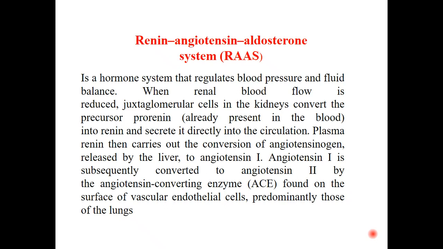So plasma renin carries out the conversion of angiotensinogen released by the liver to angiotensin 1. Angiotensin 1 is subsequently converted to angiotensin 2 by the angiotensin converting enzyme found on the surface of vascular endothelial cells, predominantly those of lungs.